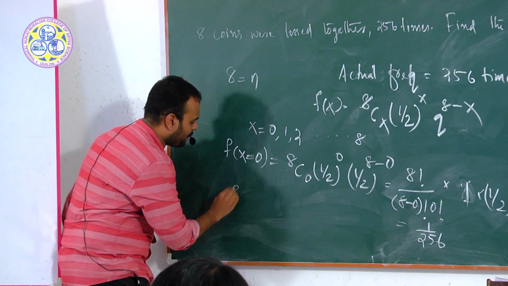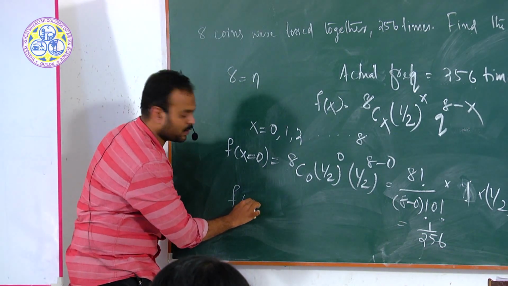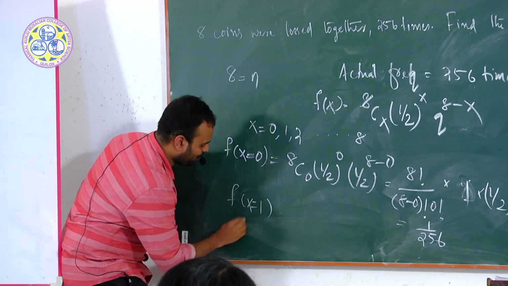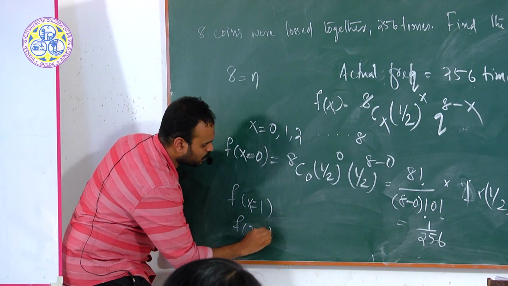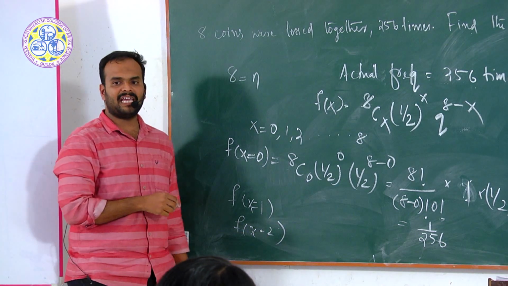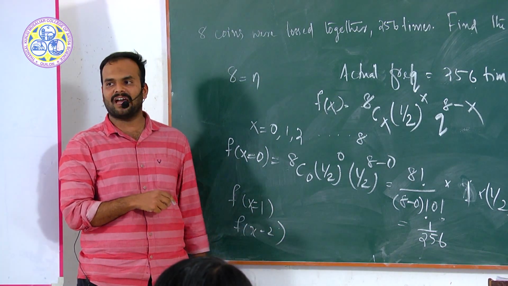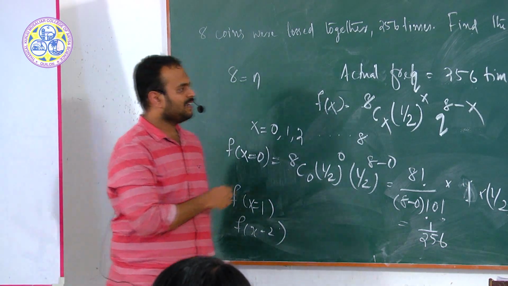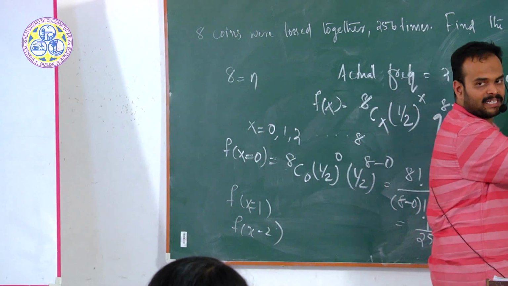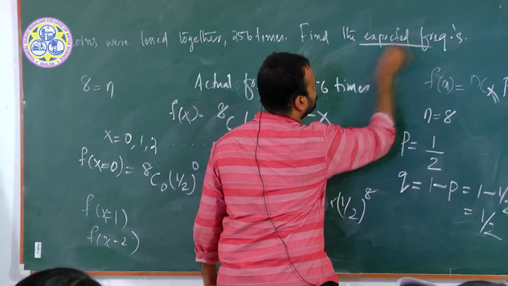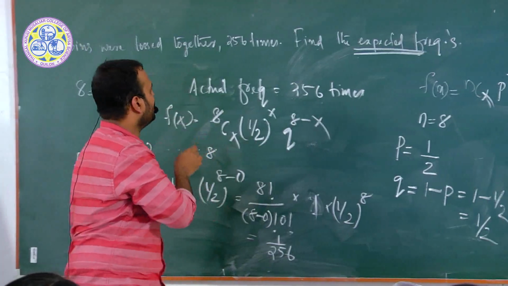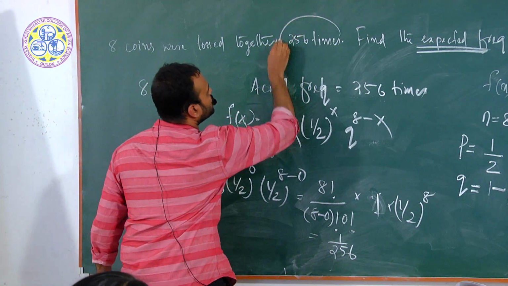Likewise, we can apply f of x for x equal to 1, then x equal to 2, then x equal to 3, etc., up to 8. Then we need to calculate the expected frequency. This is the question: what is the expected frequency? Here the actual frequency is 256 times.